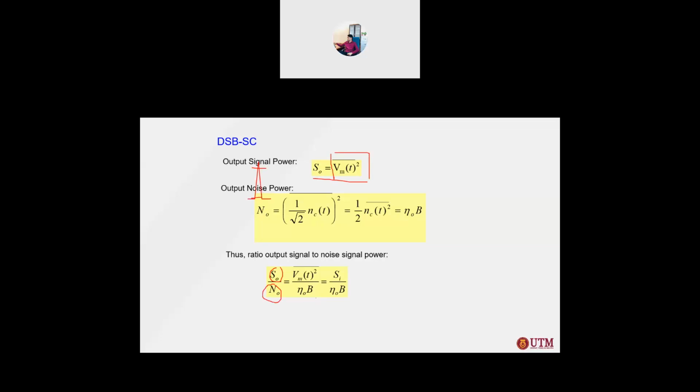This one is not to be mistaken: it is B, not beta, because for FM you will have beta. Beta is the modulation index in FM. For AM, it is m, the modulation index for AM.